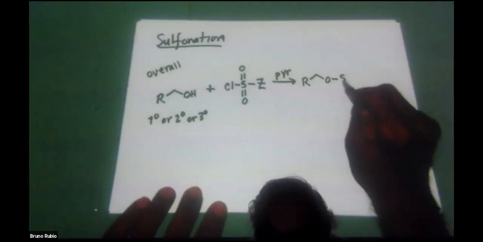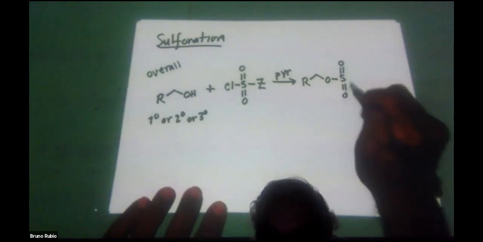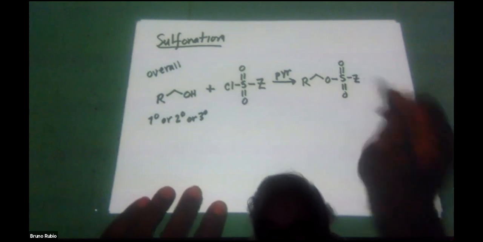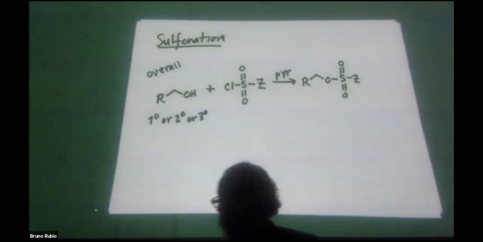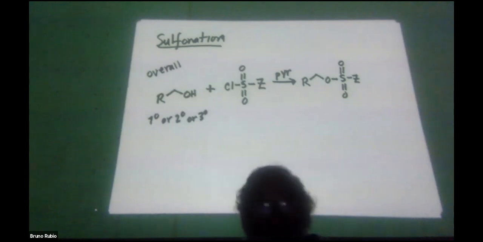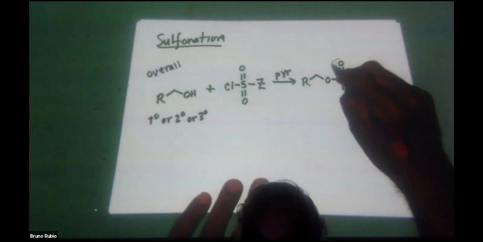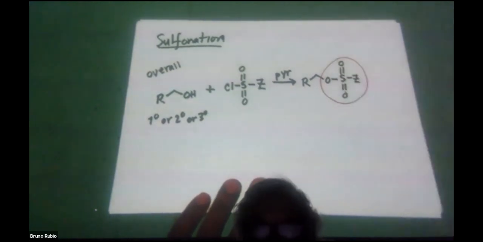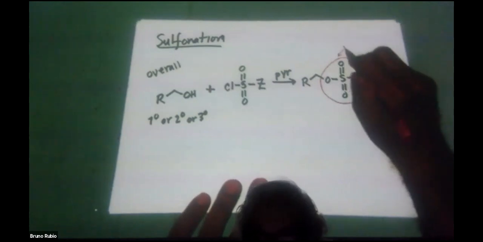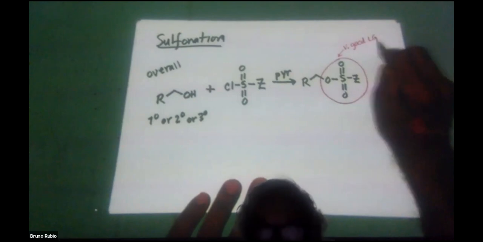the product of sulfonation, which is that. And then we have some inorganic and organic junk that we don't care about. We'll see that when we talk about the mechanism in a second. And now this guy here, he's a very good leaving group, right?